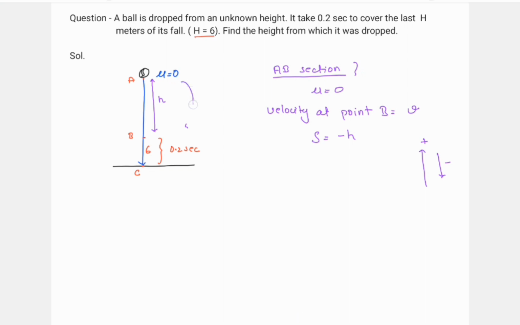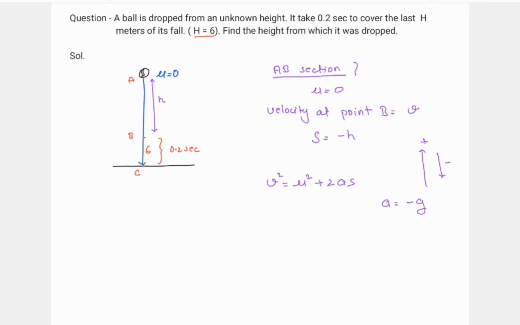The ball is traveling from A to B, a distance downward, that's why I'm taking minus h. Now I'm going to use the third equation: v square is going to be u square plus 2as. What is the a? What is the acceleration? It is under gravity.